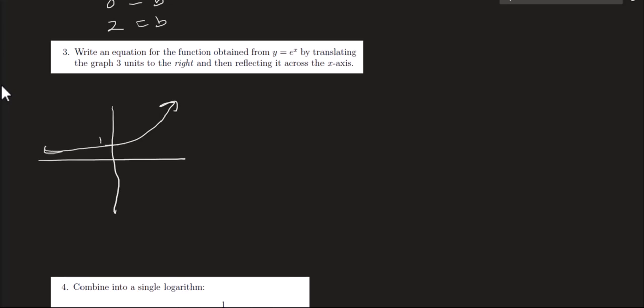Crosses at 1. Okay, so 3 units to the right. So e to the x is 1, and at 1 it's supposed to be at e. So 3 units to the right means at 3 it would be at 1. And at 4 it would be at e.